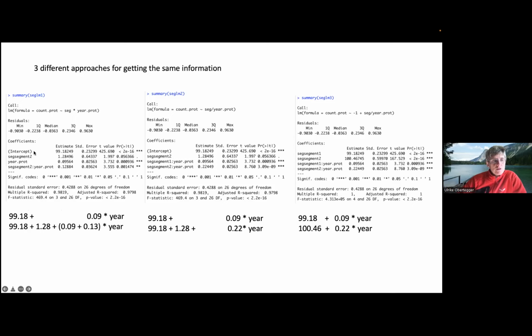And for the slope, you take year prot plus this number 0.12, because this again is the difference to the baseline model to get the slope. If you do it like this, segment slash year prot, you should see that now the line for the slope is completely different.